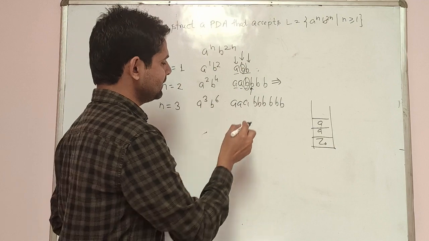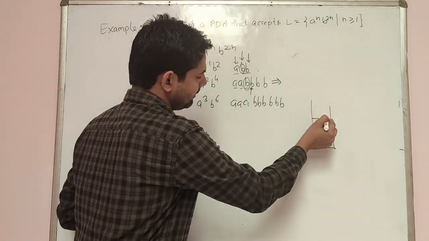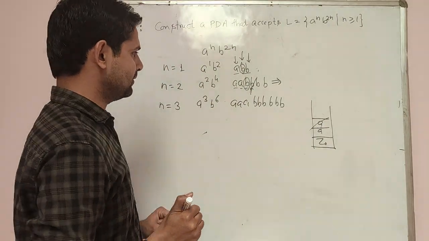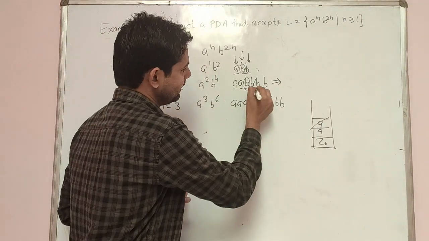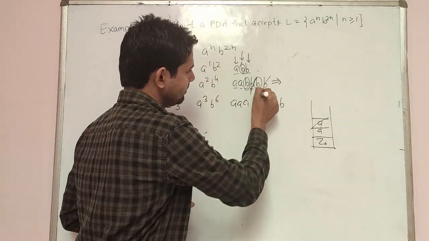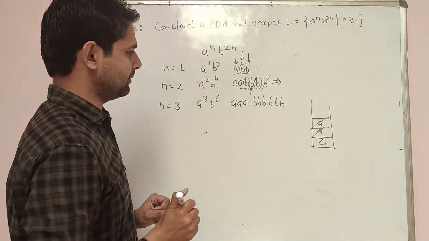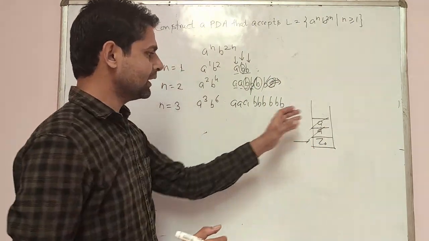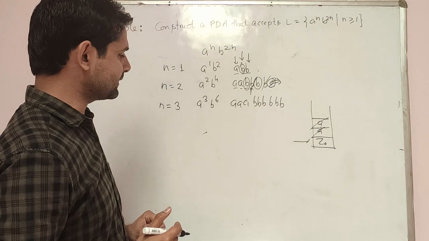Then for the second B, we will pop 1 A from the stack. For the first B, again we will read it, and for the second B, we will pop the element. After that, we have null. If we have null and the stack condition is Z0, then we will move to the final state.